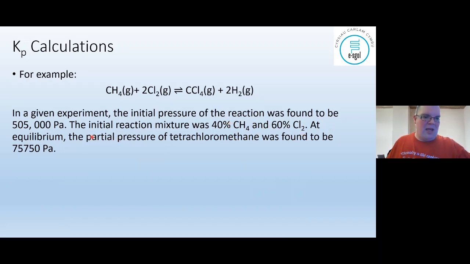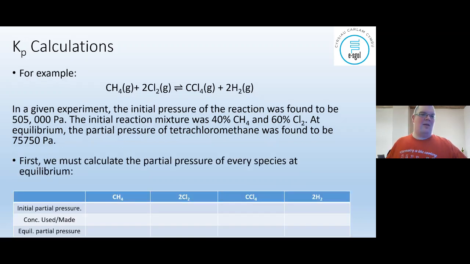At equilibrium, the partial pressure of tetrachloromethane was found to be 75,750 pascals. So that should say afterwards, calculate Kp. So again, we need to calculate the partial pressure of every species in the equilibrium. And again, we're going to use a table for that.